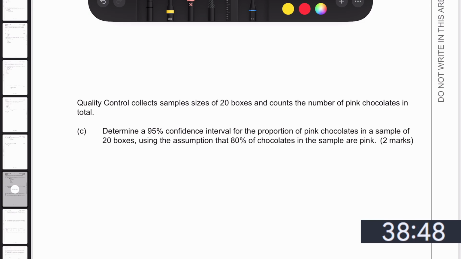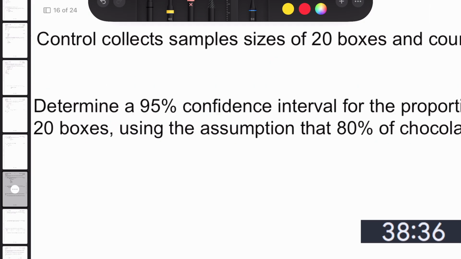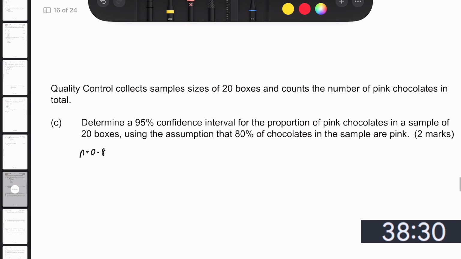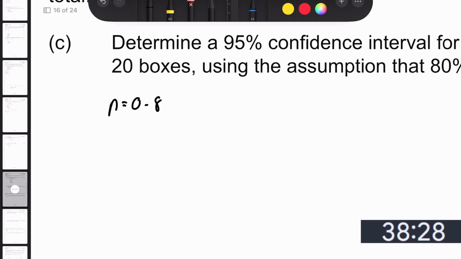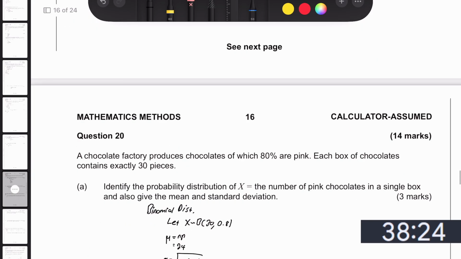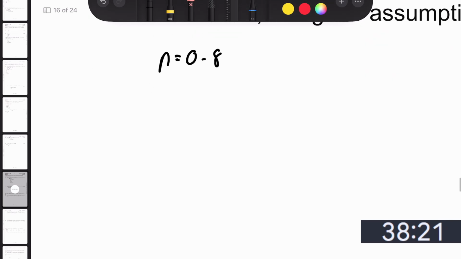Quality control collects a sample size of 20 boxes and counts the number of pink chocolates. Interval proportion in a sample of 20 boxes, assumption 80%. Okay, so I'm going to know that P is going to be equal to 0.8. Yeah, because the population is the chocolate factory, so everything the factory makes.